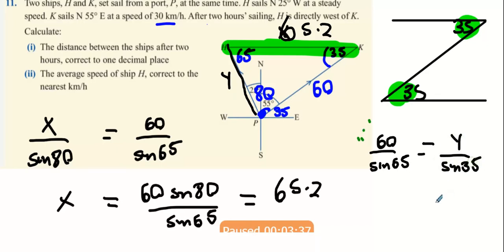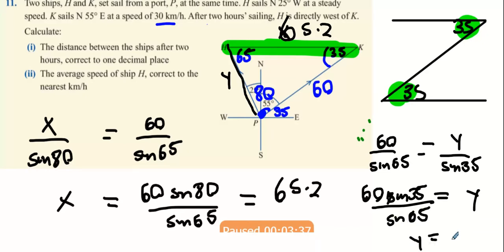Will somebody in class tell me what 60 sine 35 over sine 65 is? 38. And lads, what's 38 divided by 2? If he does 38 kilometers in 2 hours, how fast is he going per hour?